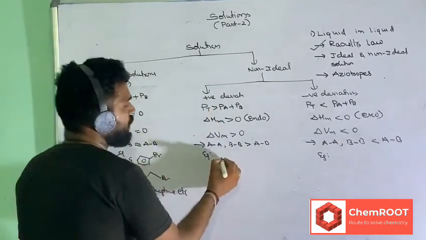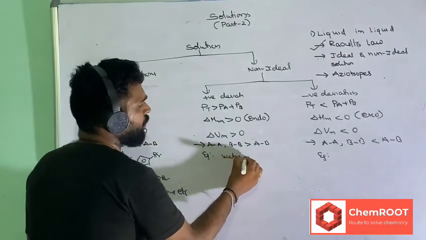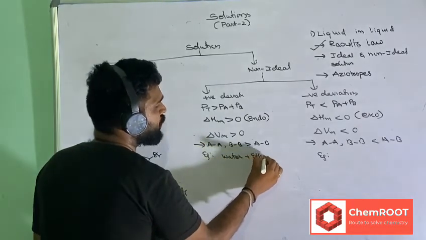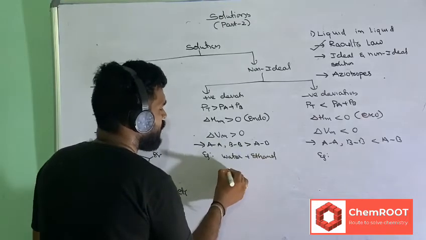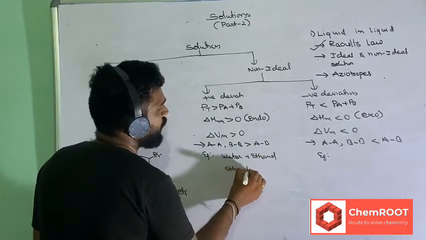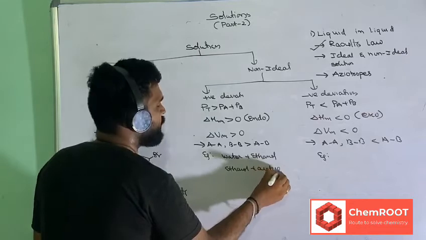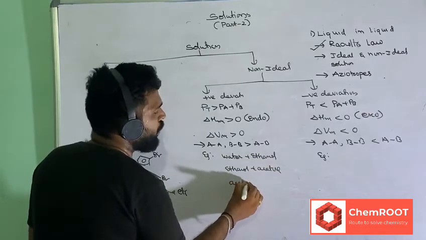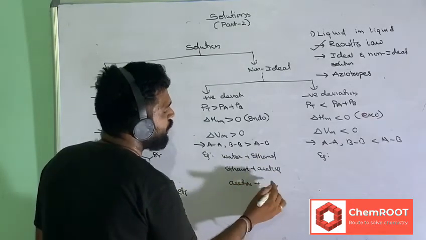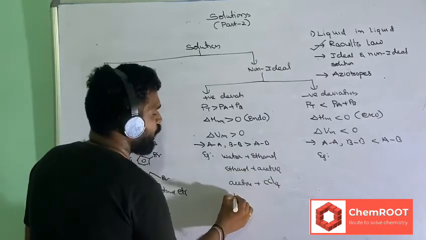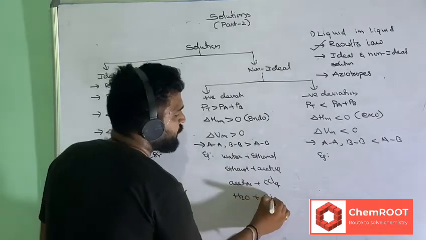And for positive deviation, water and ethanol, acetone and CCl4, and water and benzene.